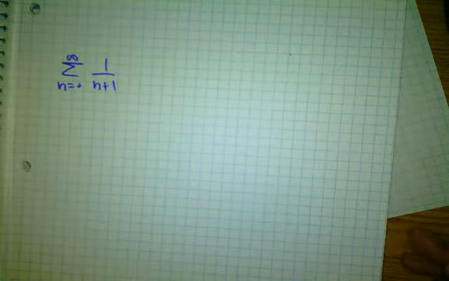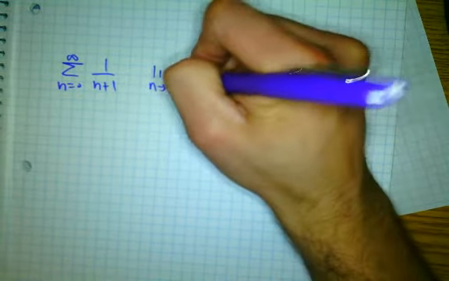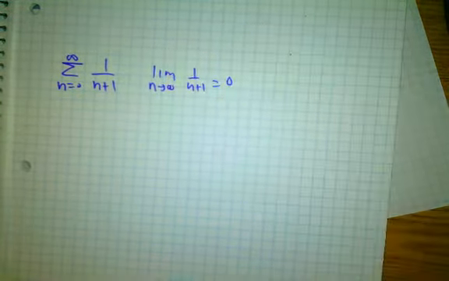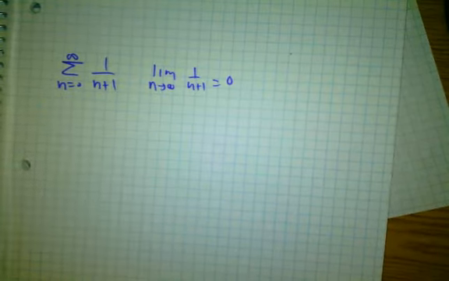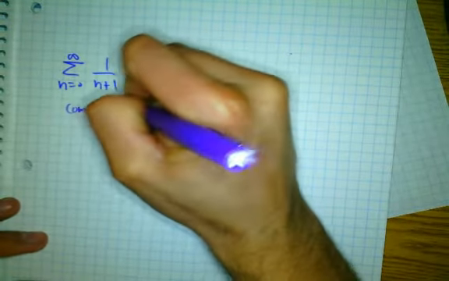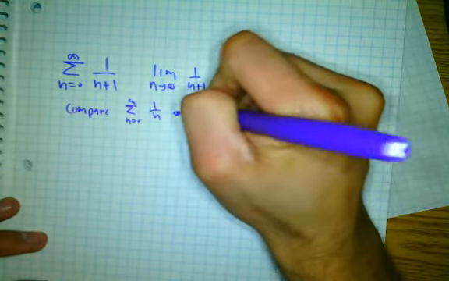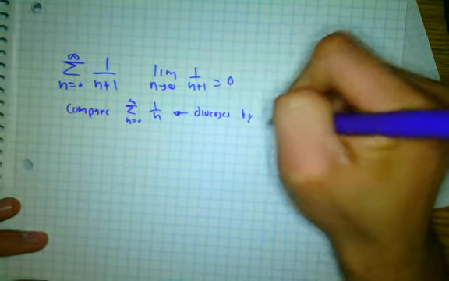Nth term test. If I do the limit as n approaches infinity, it would be equal to 0, so it's inconclusive. Limit comparison, so what do you want to compare to? We're going to compare to 1 over n, and we know this diverges by p-series.